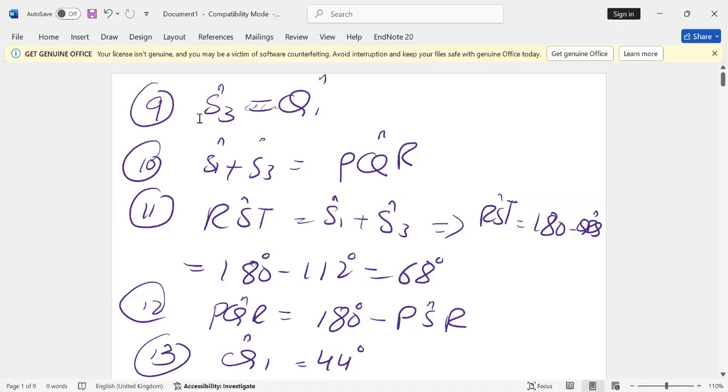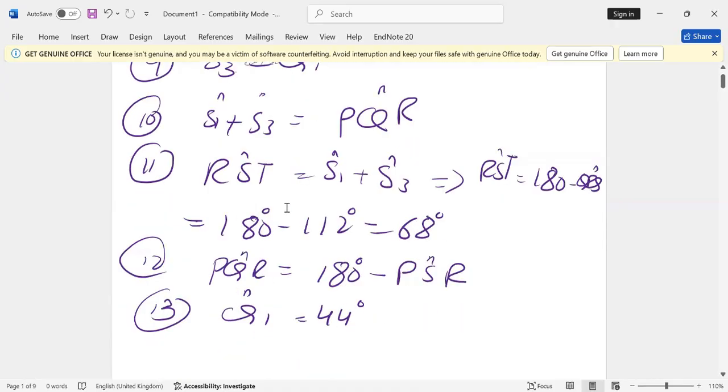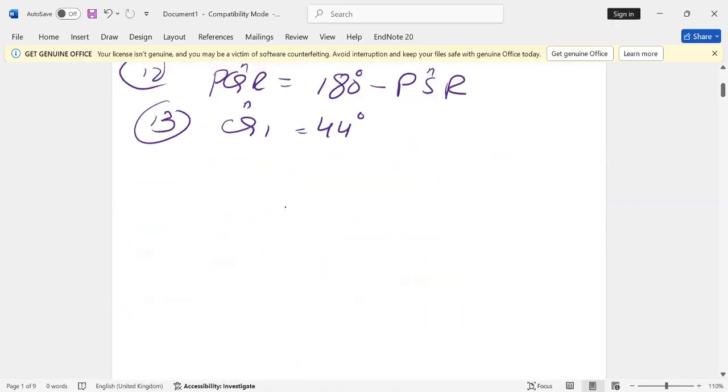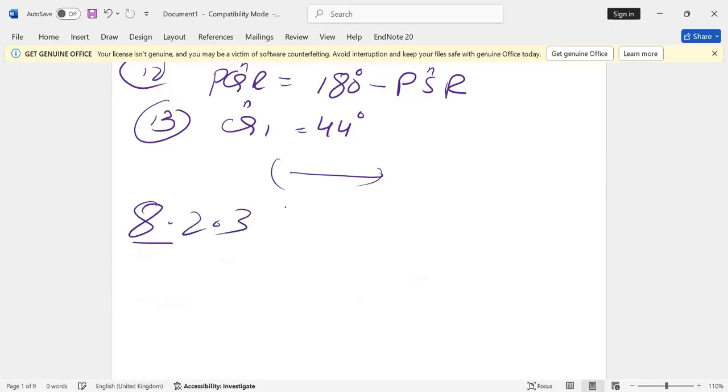Okay, so the next part of 8.13 is that we have to find out S1.